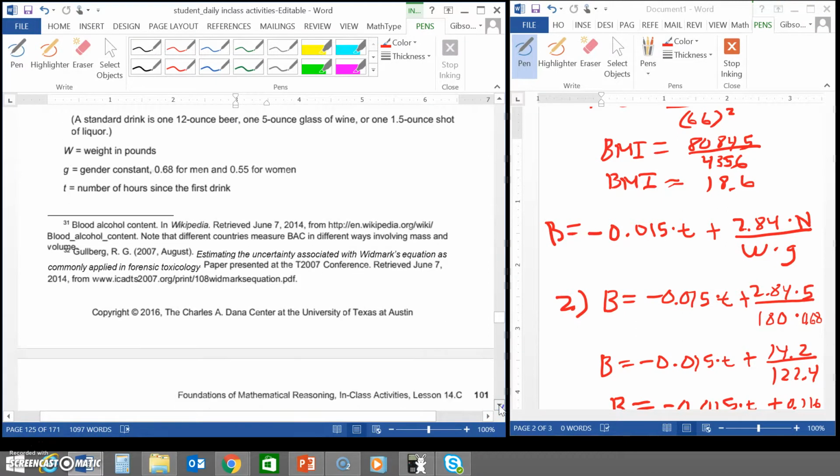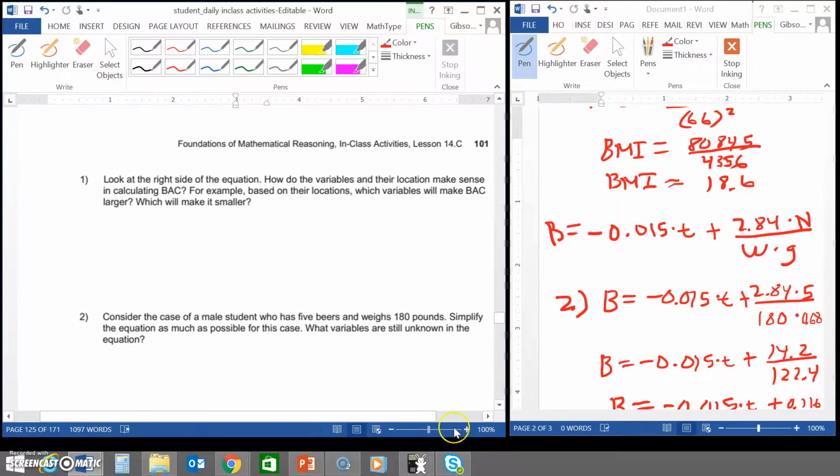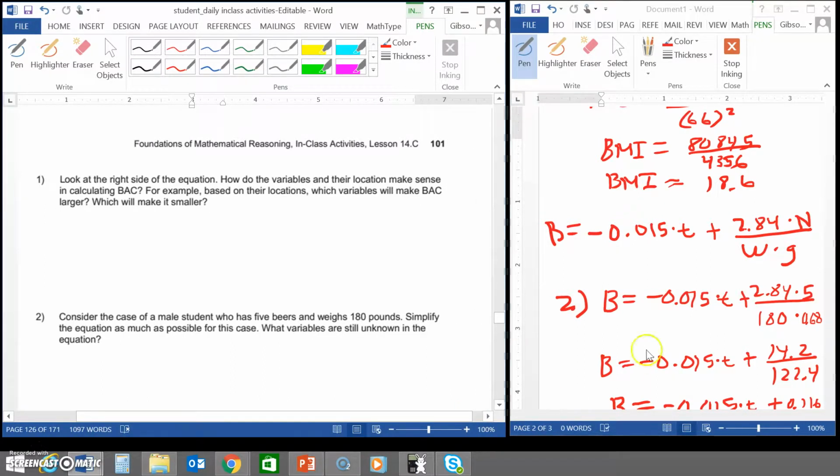Okay, so now it says, look at the right side of the equation. I wrote the equation here. How do the variables in their location make sense in calculating BAC? For example, based on their locations, which variables would make BAC larger, and which would make it smaller?